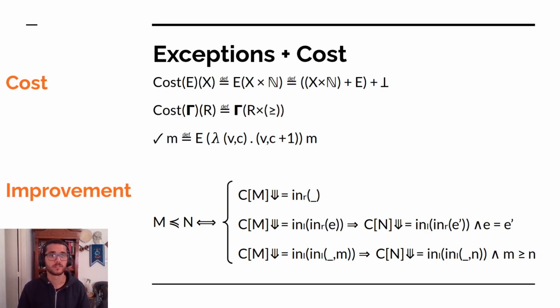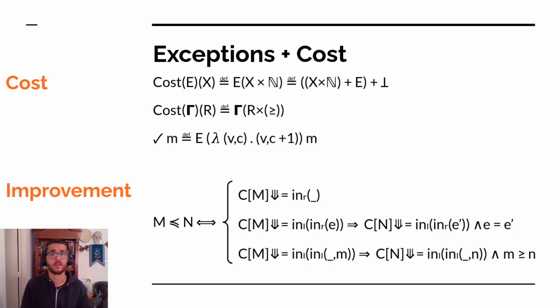We also modify the relator, composing it with the product relation with inverse natural order, so we can interpret the tick operation just by lifting the function that adds one to the cost accumulated in the second component of the pair.